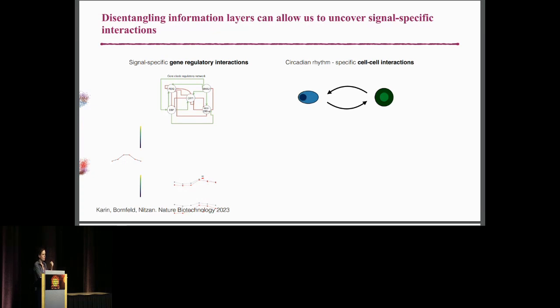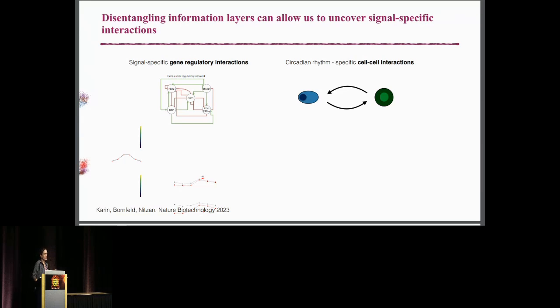For example, if we think about inference of gene regulatory networks, like we've heard in some of the earlier talks today, or inference of cell-to-cell interactions, there are many different algorithms to do that, but usually these algorithms are applied over the original data, right? And we know that these types of interactions, either between genes or between cells, are context-specific.